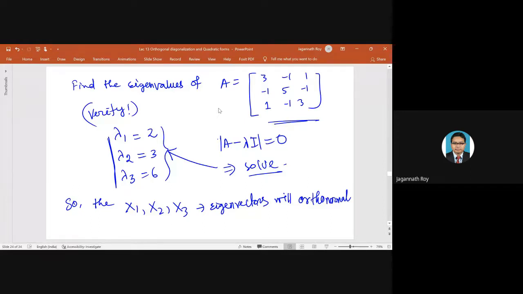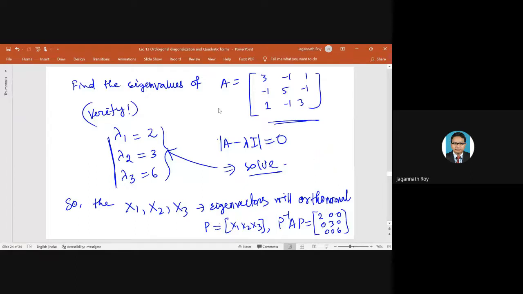So for that, if you write the matrix P as x1, x2, and x3, then P inverse AP will be nothing but a diagonal matrix: 2, 0, 0; 0, 3, 0; and 0, 0, 6. From here you can take the canonical form.